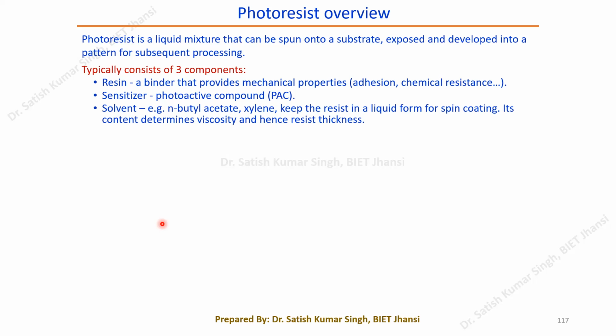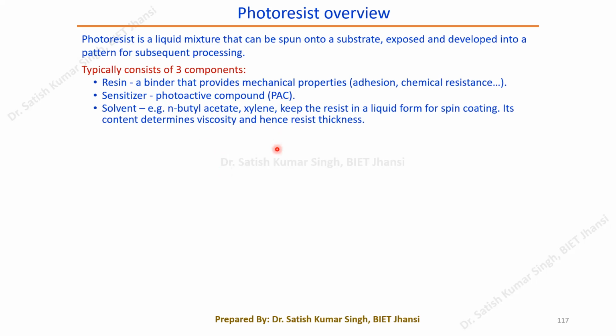The first component is the resin, which is also called the base material. We mix it with a particular sensitizer, known as the photoactive compound. This photoactive compound is a photon sensitive material, abbreviated as PAC.